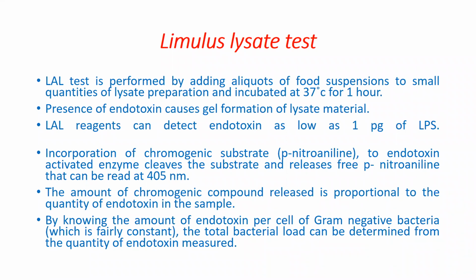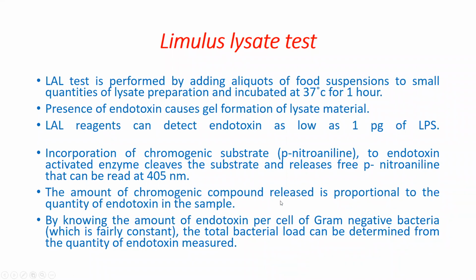So that this sample may be colorful. If we are adding a chromogenic substrate, para-nitroaniline, to the endotoxin, if it is there, it will be very colorful in nature. So that colored compound we are measuring in the spectrophotometer at the 405 nm wavelength.